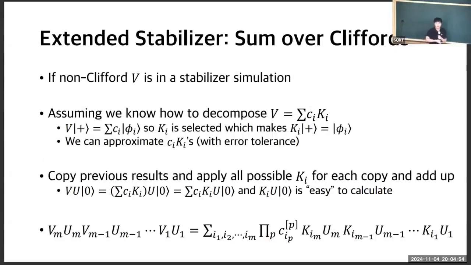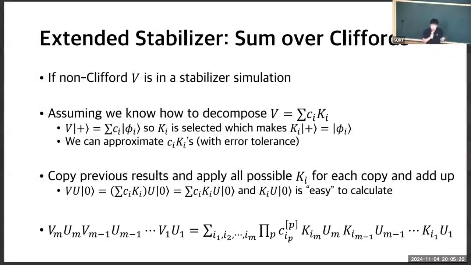Generally, we cannot find Ki with just a given V, but if we have a method to at least represent like T squared or T to 6 qubits or something, then we can just approximate them in order to simulate fast here. And we can just copy the previous results.